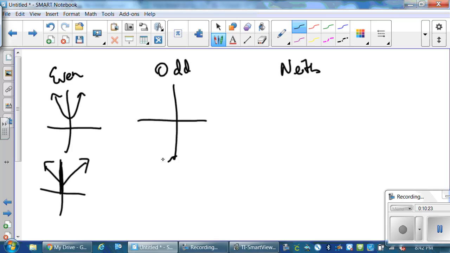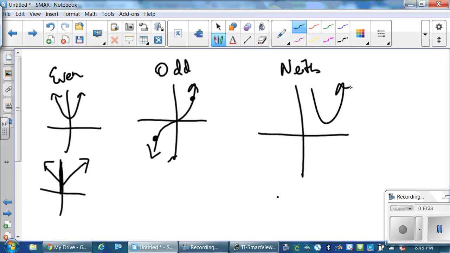Odd functions go through the origin and they are rotated around. So if you have a point over here, the opposite of that point would be right over here in this other quadrant. Neither is anything that is not cut by the y-axis or going through the origin so that it's rotated. Anything else is neither.